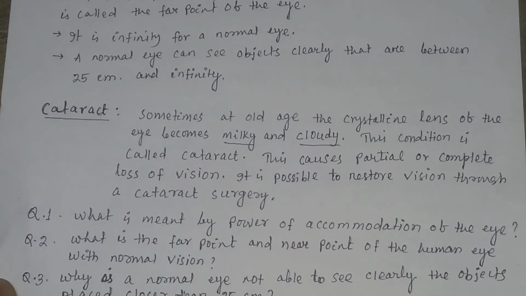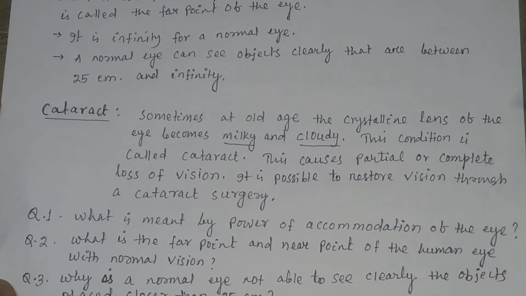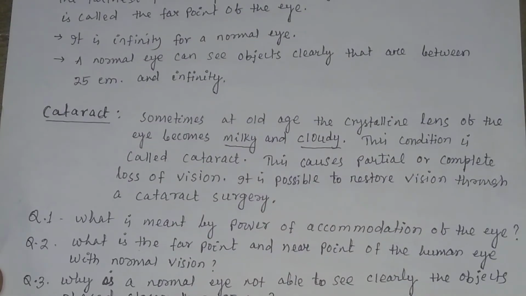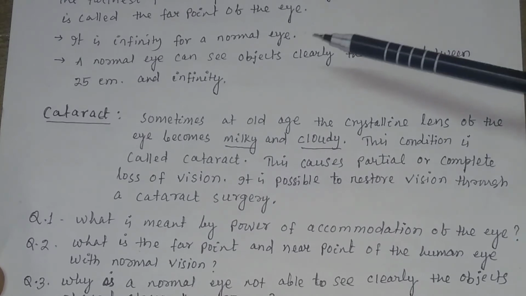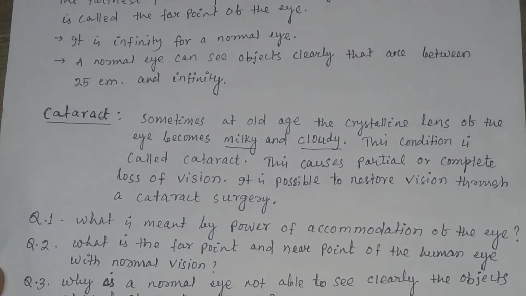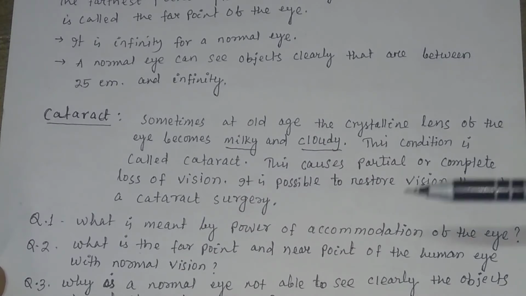Next question: what are the far point and near point of the human eye with normal vision? With normal vision, the far point is infinity and the near point is 25 centimeter from the eye.